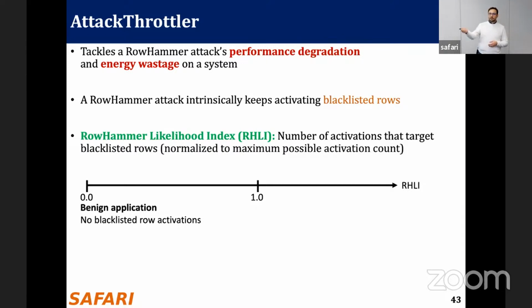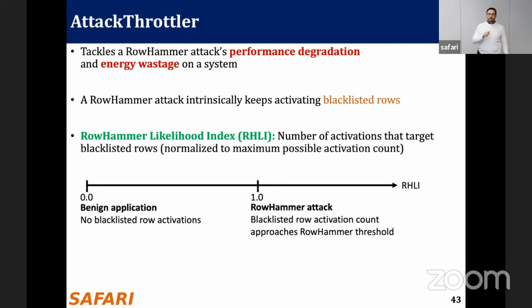From left to right, the metric increases. If the RowHammer likelihood index is 0, it means that it's definitely a benign application. It does not access any of the blacklisted rows. If it reaches 1, this is where we reach the activation rate of a successful RowHammer attack, meaning that it is definitely a RowHammer attack.